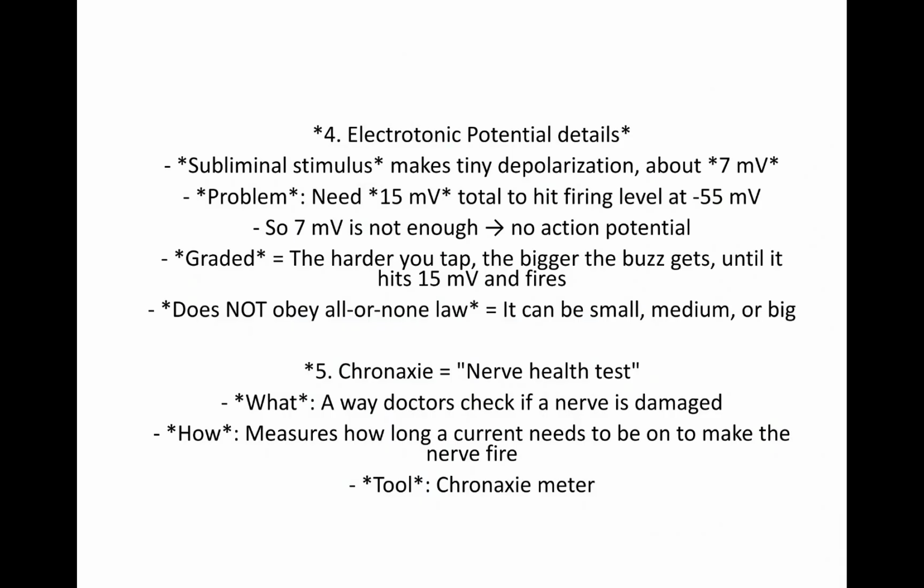Next is electrotonic potential details. A subliminal stimulus makes a tiny depolarization of about 7 millivolts. Now what is the problem here? It needs 15 millivolts total to hit the firing level at minus 55 millivolts. So 7 millivolts is not enough, so no action potential.